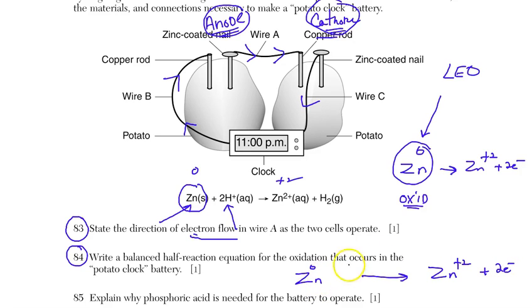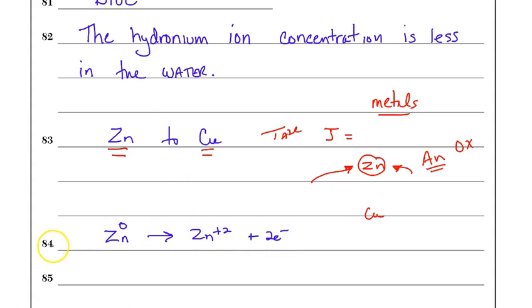When I'm putting my electrons in, I put them in so that both sides of the half reaction have the same charge. So as I talked about before, zinc is losing electrons for its charge to go up. And this is the half reaction that occurs at the oxidation, and of course, we have identified that to be the anode, oxidation, anox. And there it is, pretty straightforward, 84.